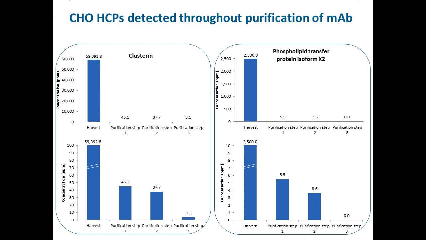So it's not a surprise to see that host cell protein further down in the process. Now, another protein that we detect is the phospholipid transfer protein isoform X2, which is present at 2,500 ppm in the harvest, and it reaches 0 ppm in the final purification step.